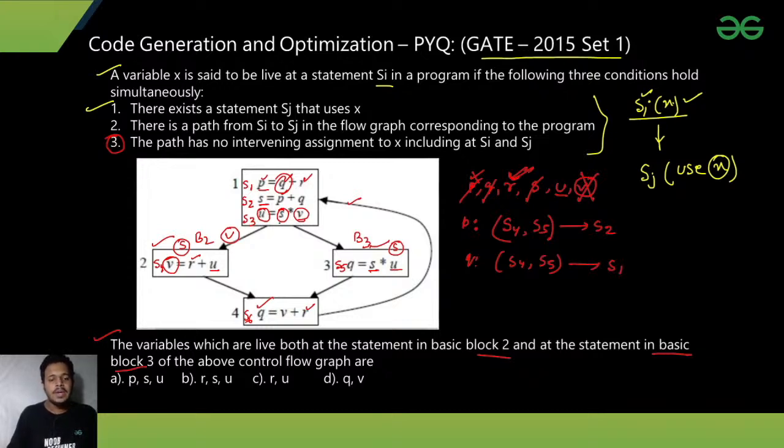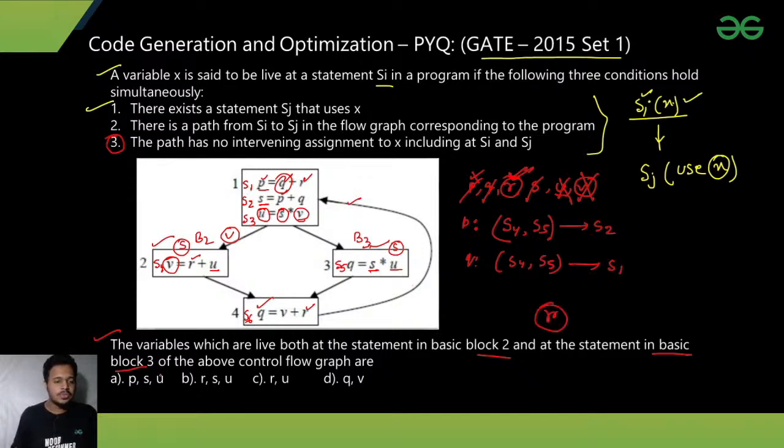So whatever value U contains is not used in statement S3, right? So U is not live, because U is newly assigned. So the only variable that is live in both B2 and B3 is the variable R.